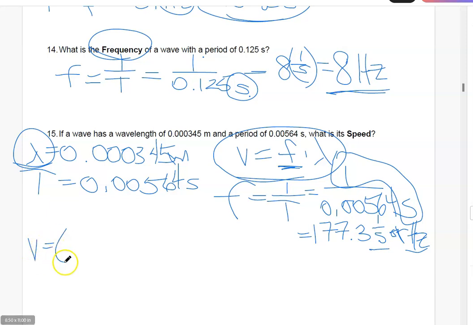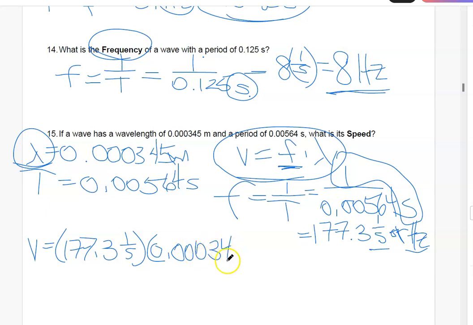Speed is our frequency, which is 177.3 hertz or per seconds. I'll leave it as per seconds, times our wavelength, 0.000345 meters.